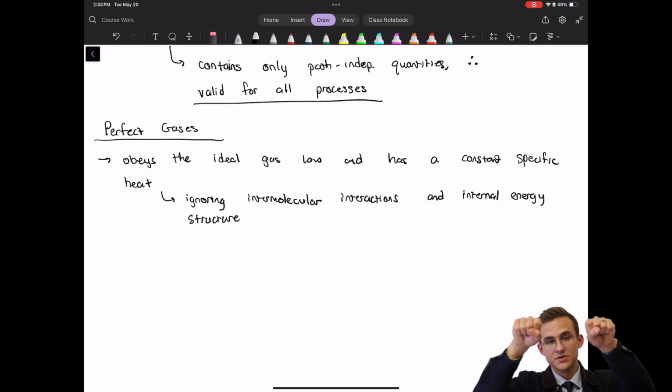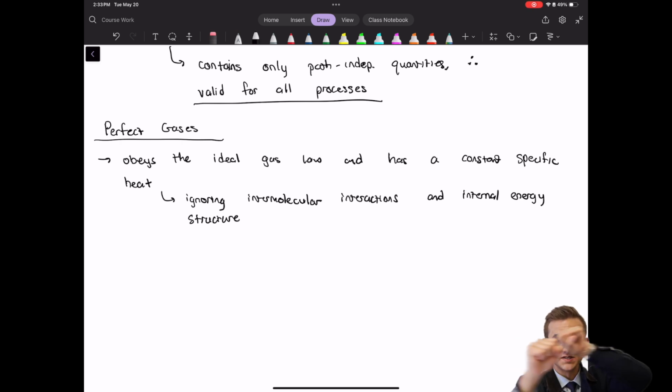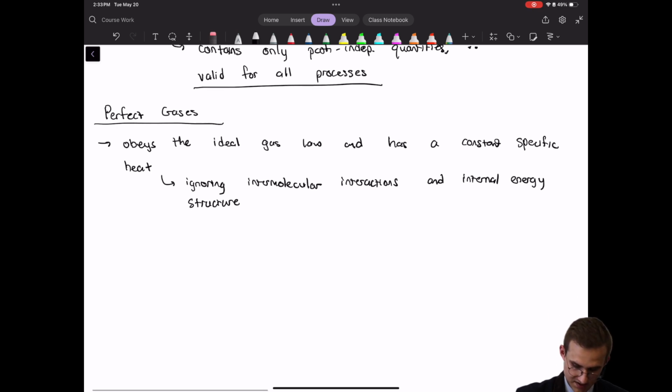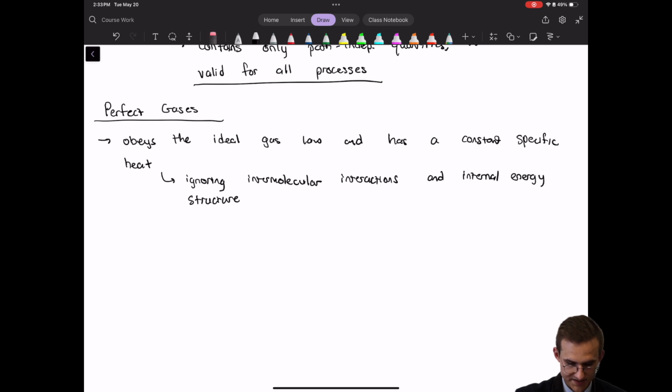There are two nitrogen atoms on a line, and this thing can rotate this way, it can rotate this way, and so those two rotational modes are pathways for energy, and the ideal gas law and all these things ignore those.